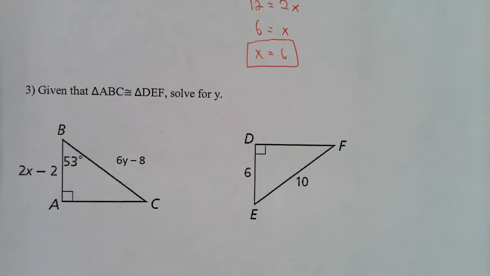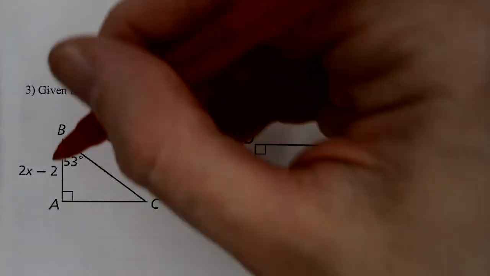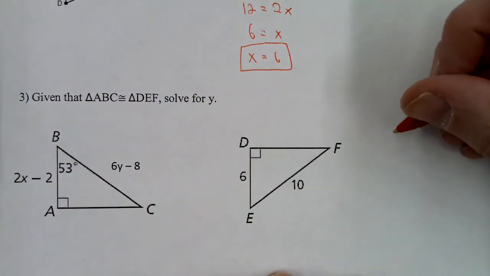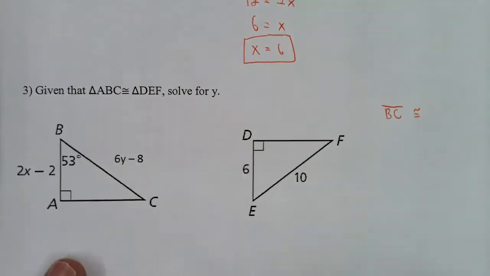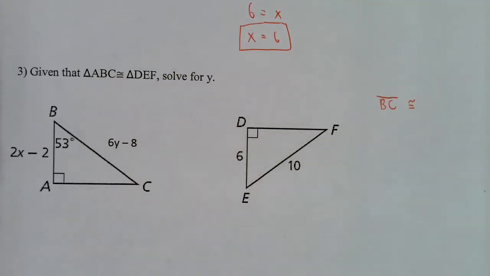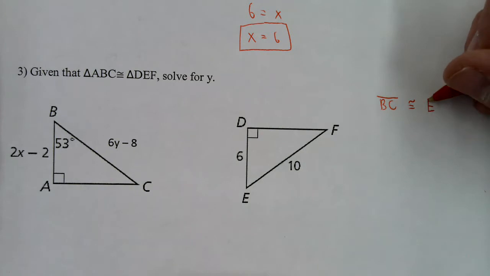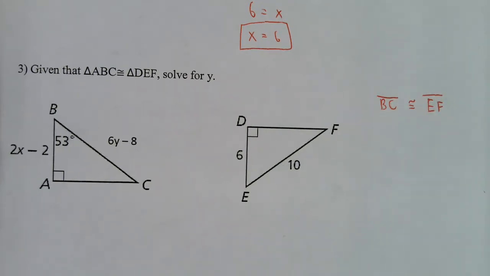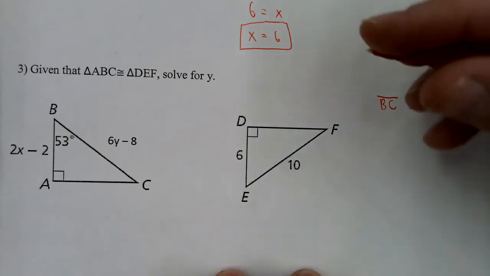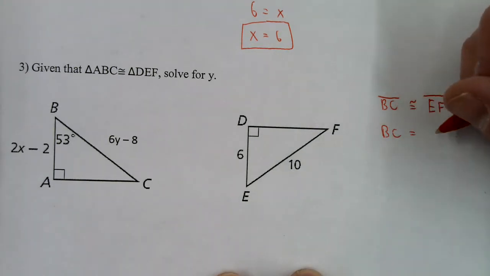Number 3, solve for y. Y is on BC. If you look at the original problem, BC, second and third, corresponds to EF, second and third. So BC is congruent to EF, so you're going to do BC equals EF.